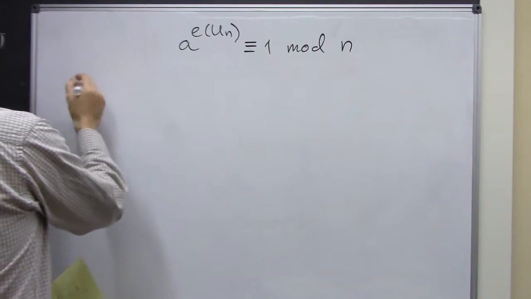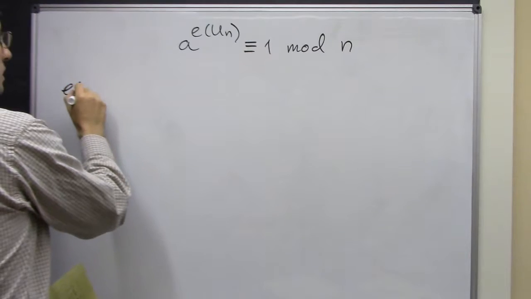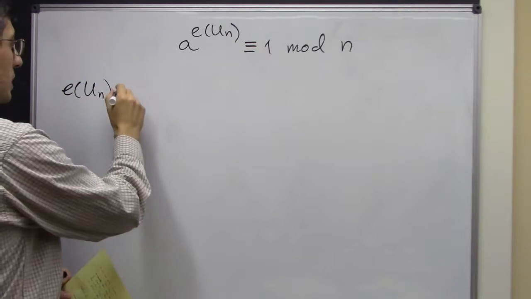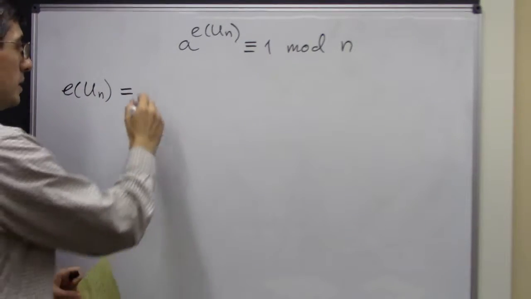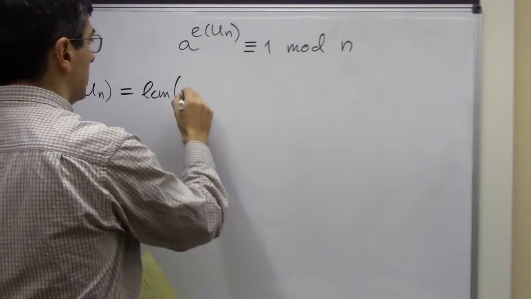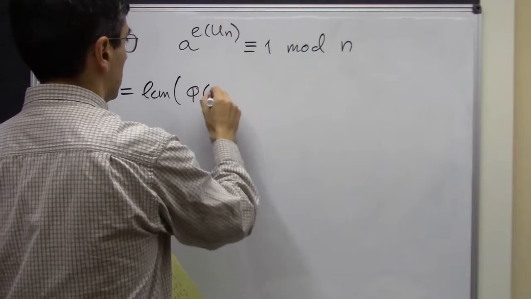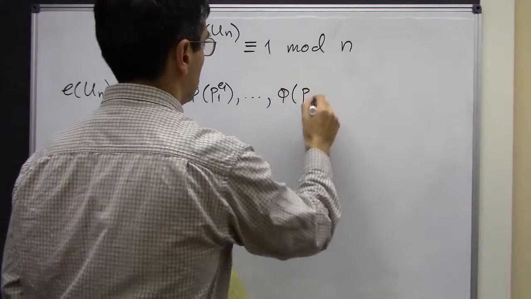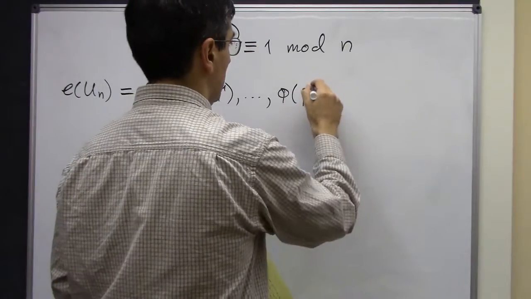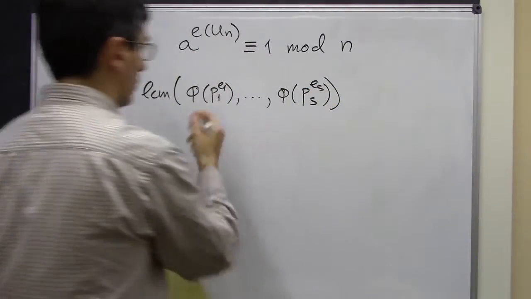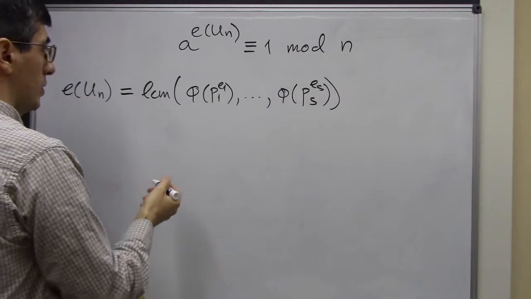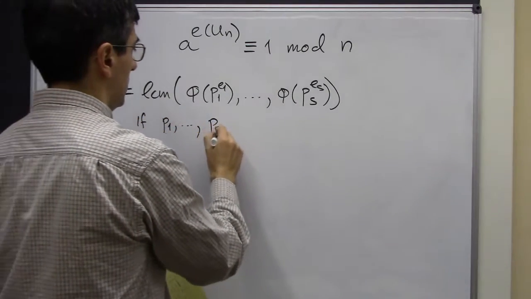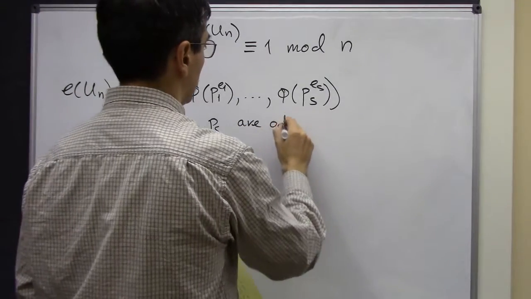So what is E(Un)? Well, by the theorem it is the LCM of phi(P1^E1) through phi(PS^ES) if all these primes are odd.